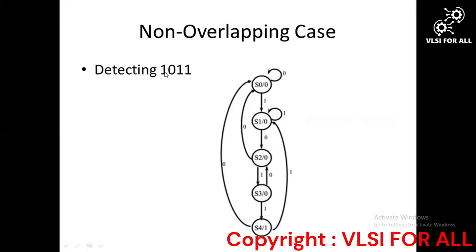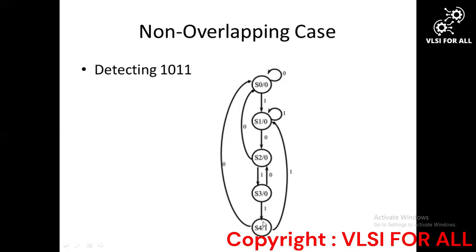Our sequence is 1011, but if here it detects 1, it should remain on the same state. Similarly, for S2, when it detects 1, it will go to S3, but when it detects 0, our sequence becomes 100, so it will be the same case as 00. So it will go to S0.